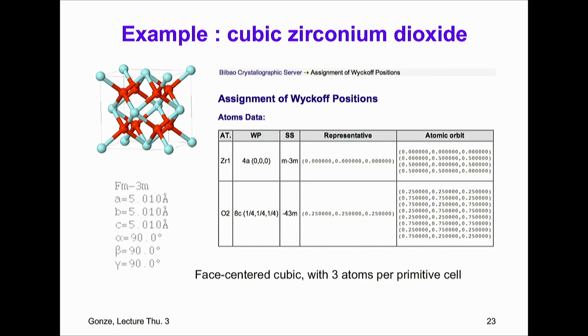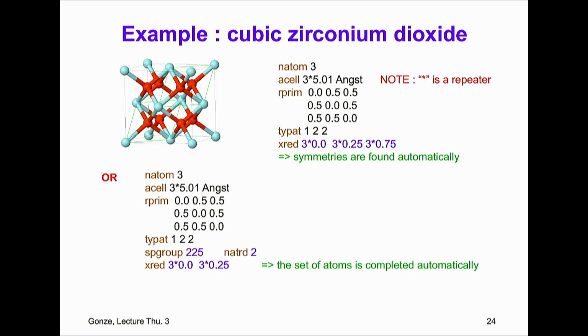An example for cubic zirconium dioxide that is FCC with 3 atoms per unit cell, 1 zirconium and 2 oxygen. One possibility to specify this is natom 3. Then the acell, it is the length in angstrom here.